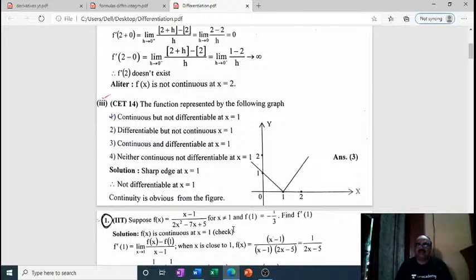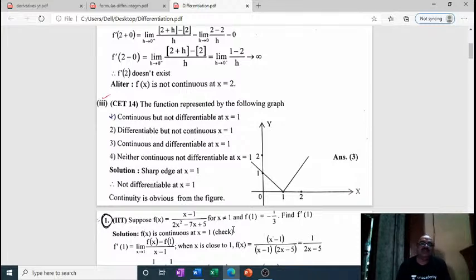Friends, I have one more very interesting one. The function represented by the following graph. I want you to check out what is the right answer here. Look at the graph. There is a sharp edge at x equal to 1.